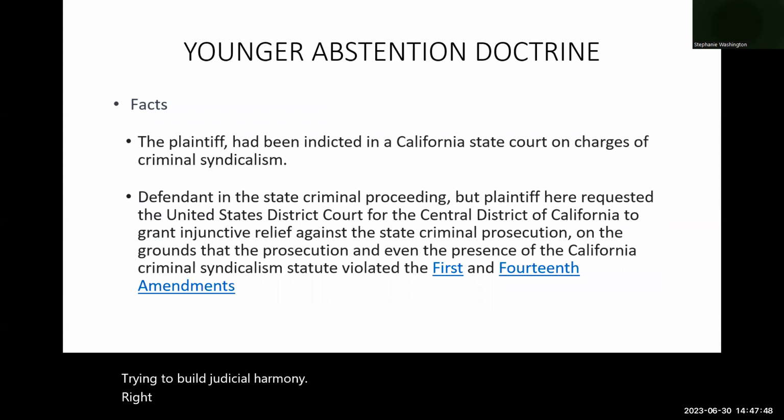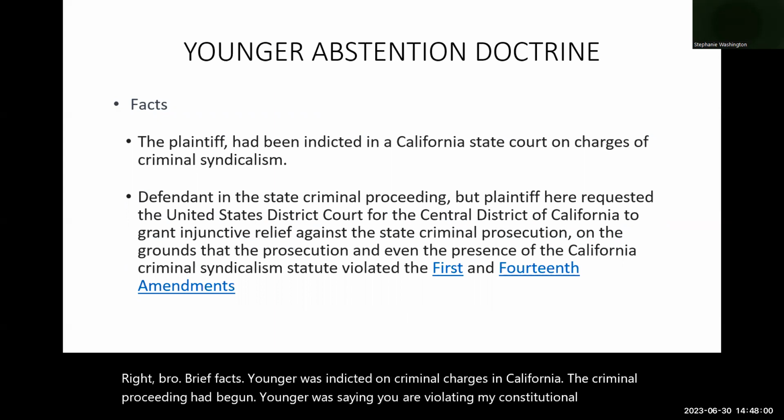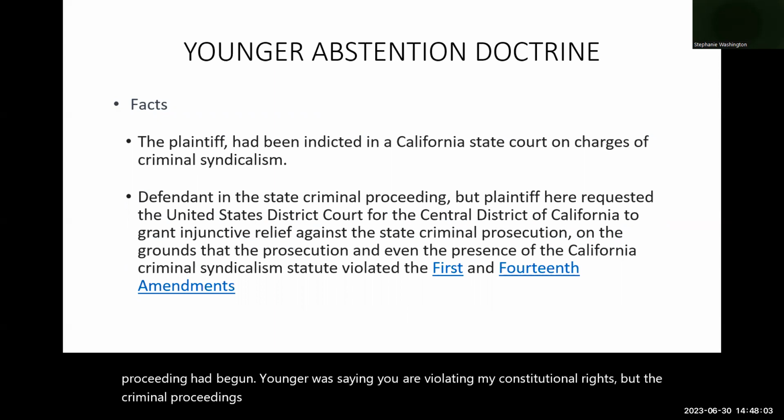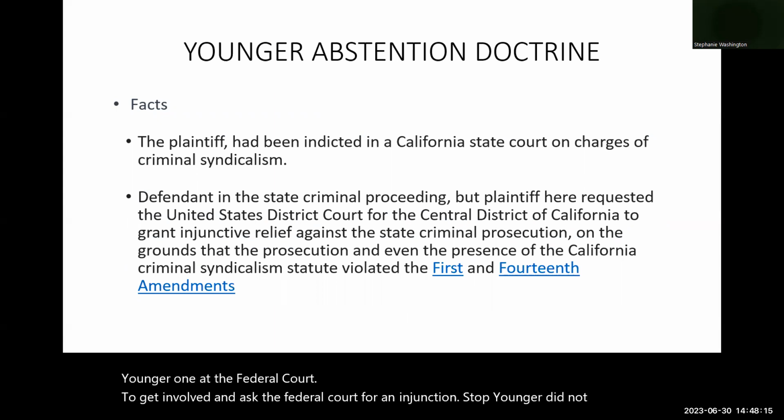Real brief facts. Younger was indicted on criminal charges in California. The criminal proceeding had begun. Younger was saying, you are violating my constitutional rights, but the criminal proceedings had begun. Younger wanted the federal court to get involved and asked the federal court for an injunction. Stop. Younger did not seek 28 USC 1441 removal.